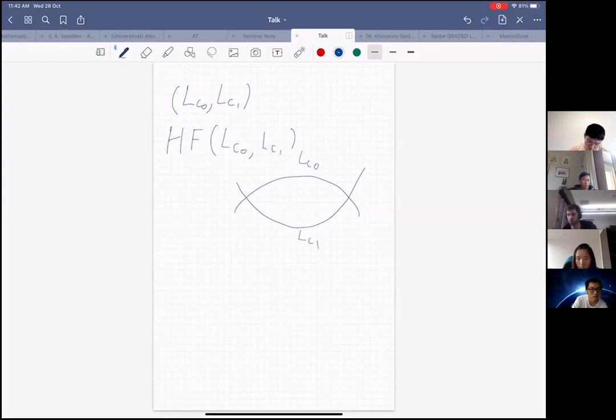We look at mod 2. The differential counts solutions satisfying the equation du/dx plus j du/dt equals 0, and you can see there is an intersection number here.